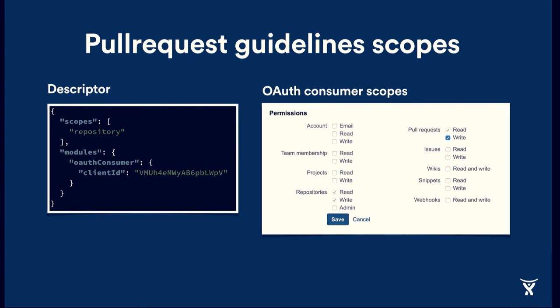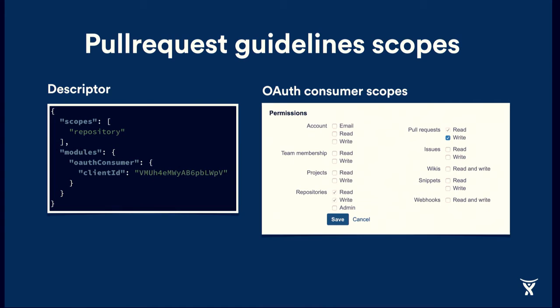Two important parts of the descriptor that I want to point out: the scopes and the OAuth consumer. The scopes defines what scopes the add-on is asking for when it authenticates as the account being installed to. So in this case, the add-on wants to be able to pull up the contributing.md files of all the repositories as the team itself, and it's asking for that scope.